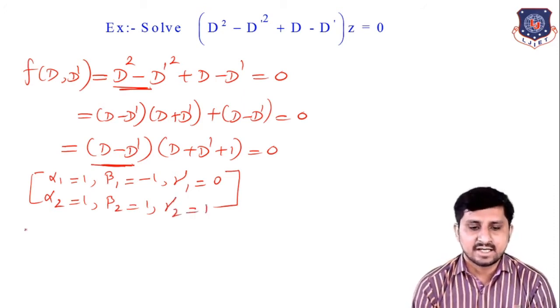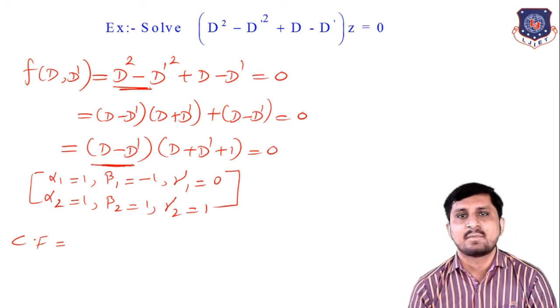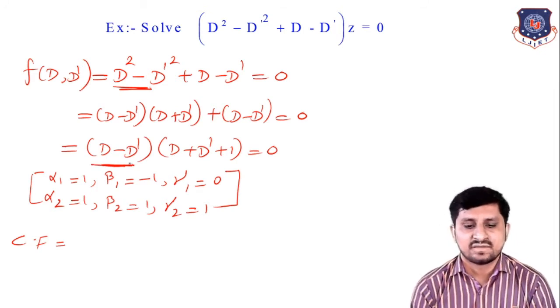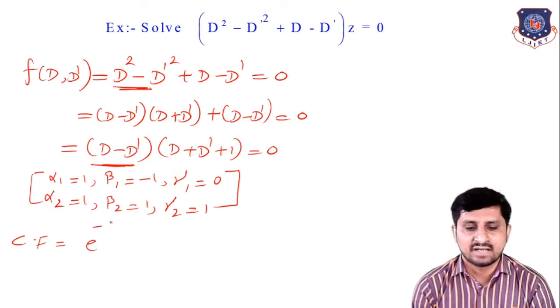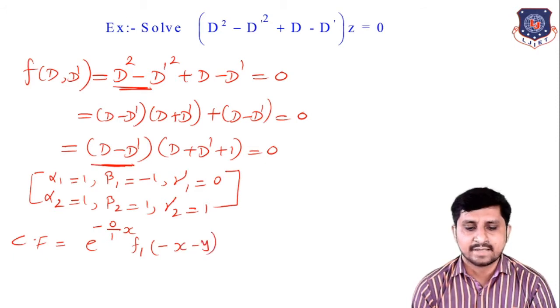So you can easily write down the complementary function. What is the rule? e^(−γ/α · x). So for the first linear factor, I can write e^(−γ/α x), that means 0 upon 1 into x, f1(βx − αy), so f1(−x − y). Clear?